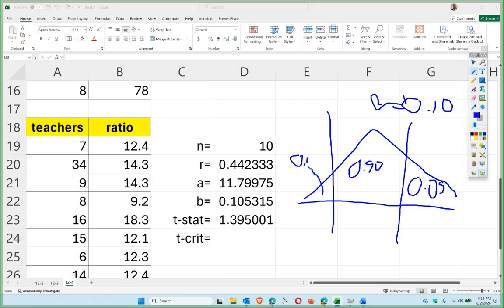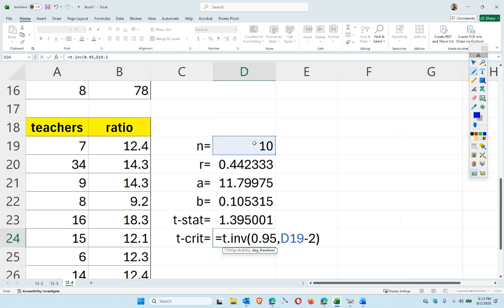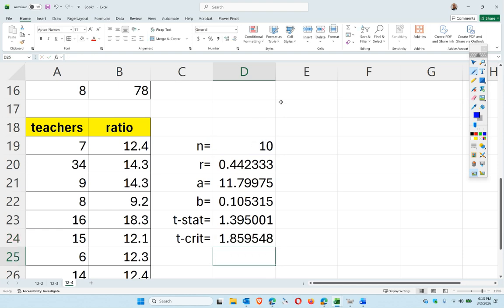This is 0.05, right? You know, this is a positive t, so I want to get to here for t star, right? So from here to here is 95, correct? So I want t dot inverse 0.95, comma, degrees of freedom is minus 2, and there's our t value there.